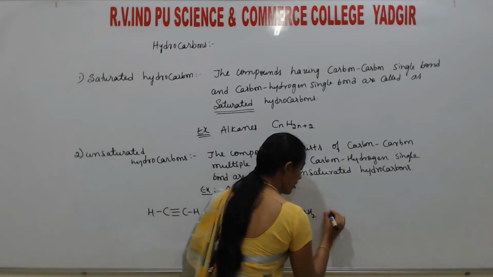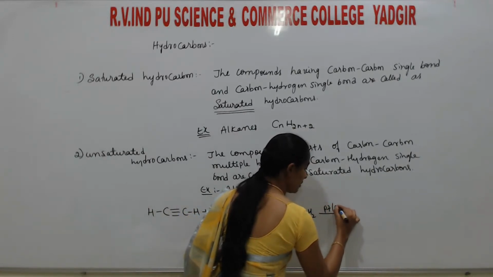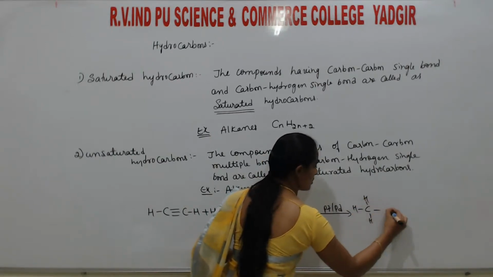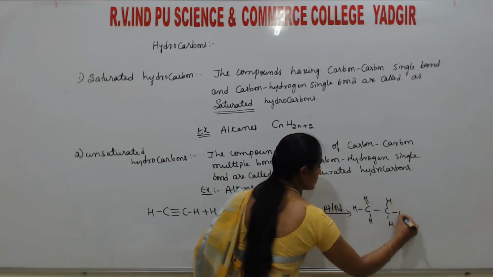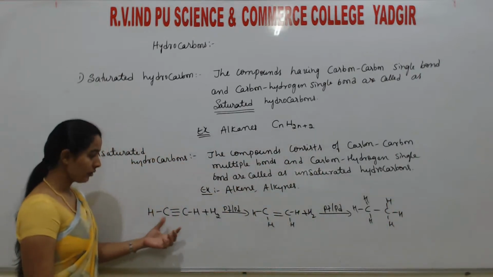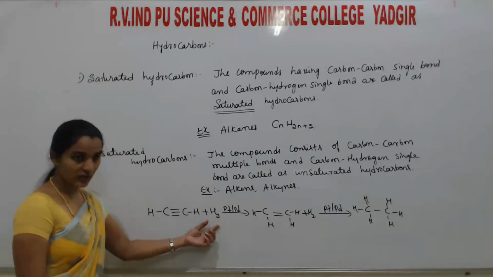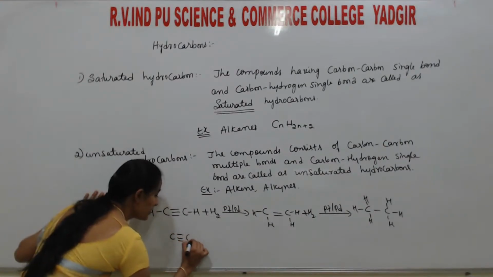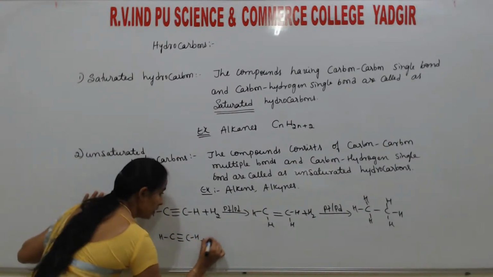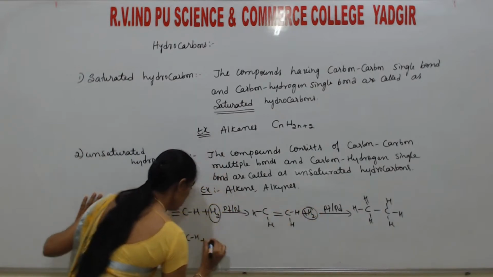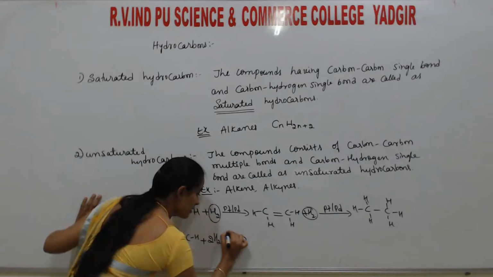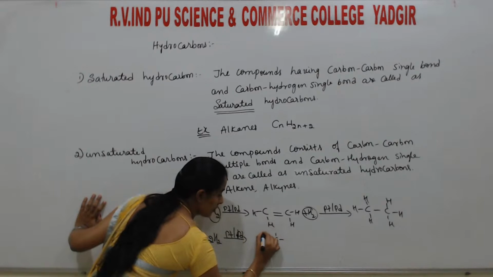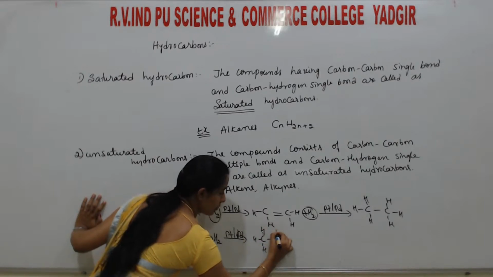Again, H2 is added in the presence of platinum and palladium, and then you see H, H, H, single bond, C, H, H. Overall, if 2 moles of H2 are added, then directly alkane will form. Here 1 mole, here 1 mole, which means 2 moles of H2, in the presence of platinum or palladium. So we will get this type of compound. It is alkene.